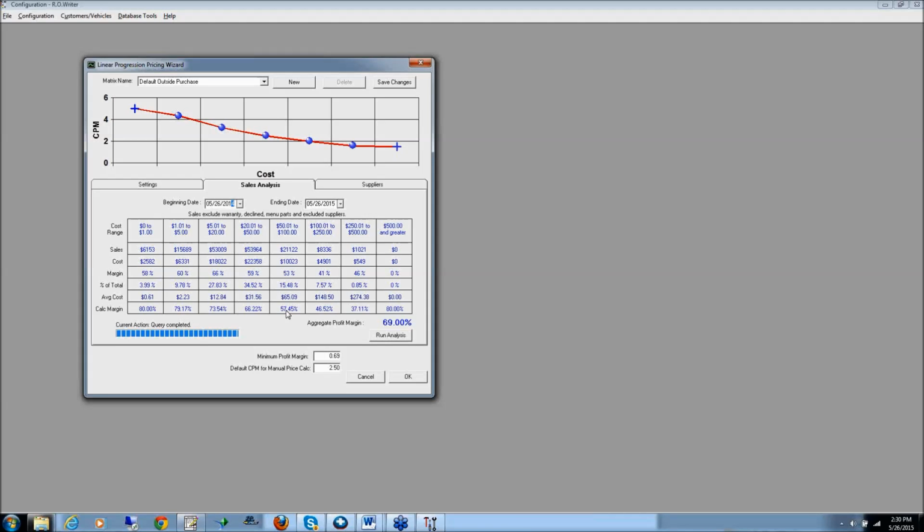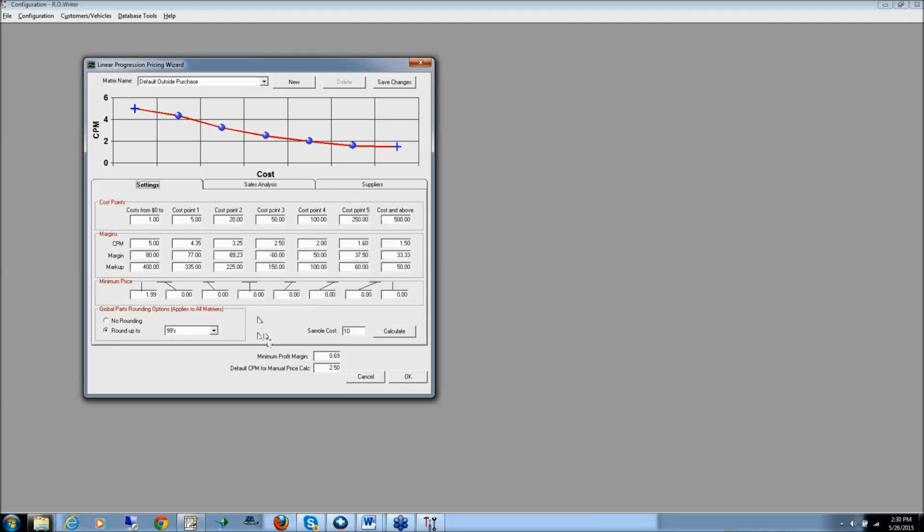Again, for the parts that fall into this product category, as you recall, I eliminated both tires and batteries from this consideration. So the sales analysis tool can be used to try to give you an idea not only of what's been done historically, but if your current pricing rules get applied to that same historical information, where we should approximately end up as we come out through the other side.